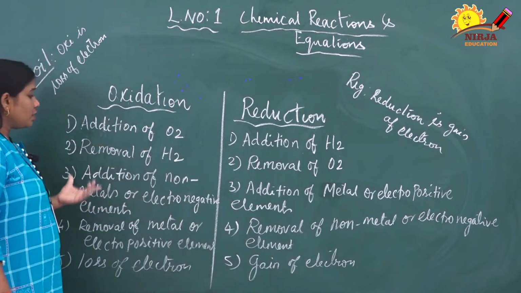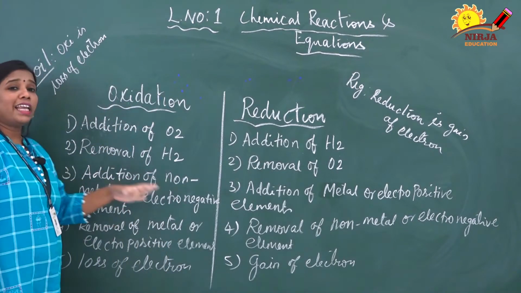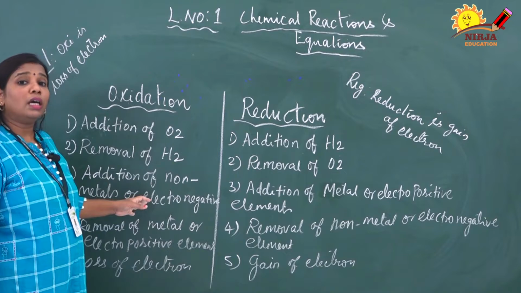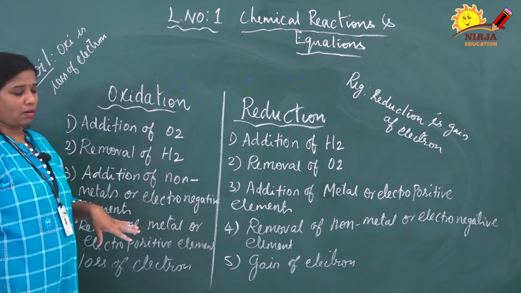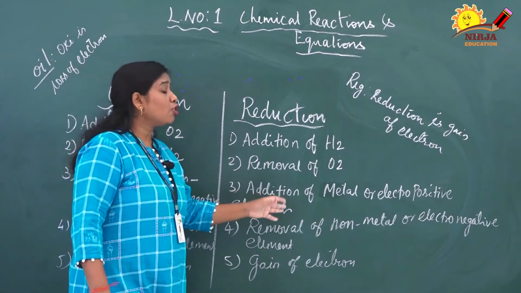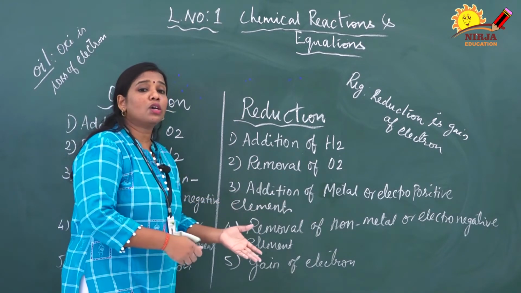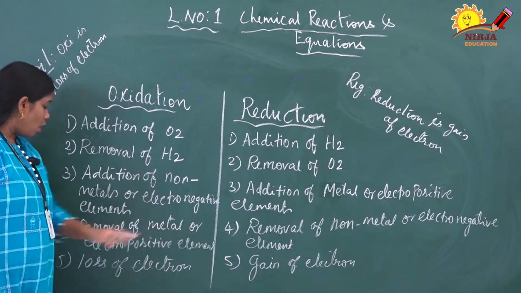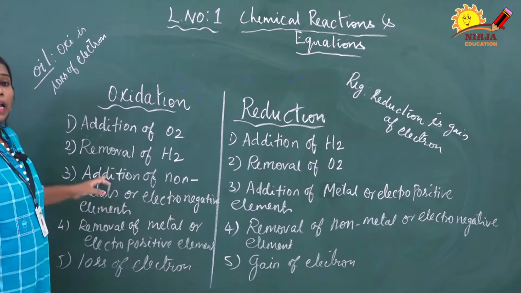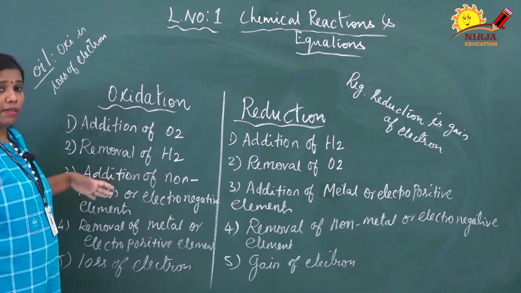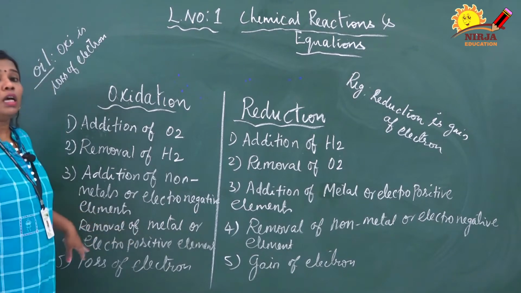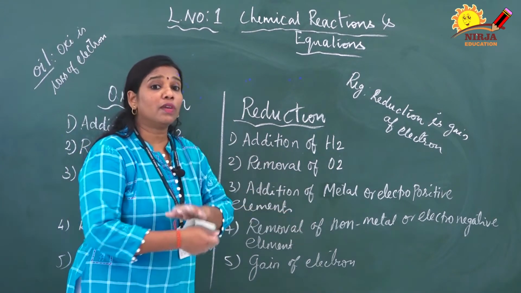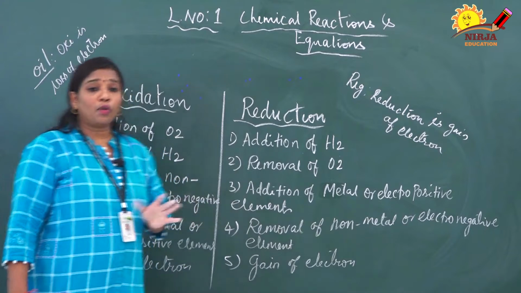Oxidation is also the addition of non-metals or electronegative elements, those that gain electrons, or otherwise the removal of metal or electropositive elements. In the same way, reduction is the addition of metal or electropositive elements, or otherwise the removal of non-metal or electronegative elements.